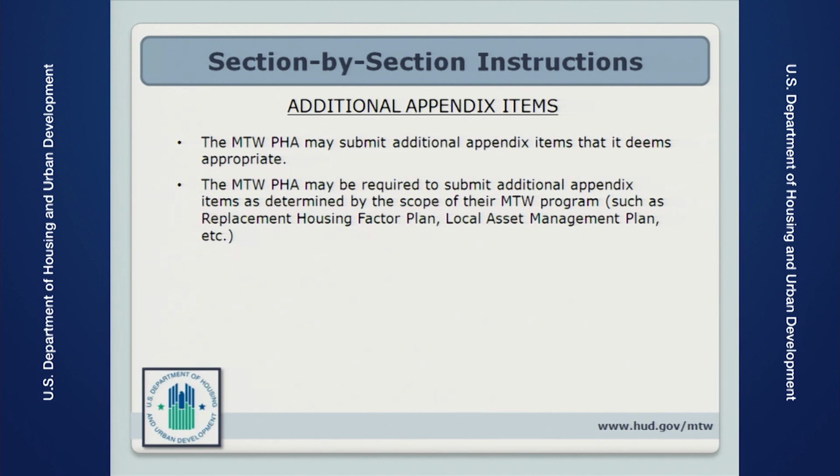For instance, if an agency has the replacement housing factor flexibility in their agreement and they're exercising the third option in that amendment, they need to provide an RHF plan as an appendix every year in their plan. Similarly, agencies that have a local asset management plan must continue to provide that plan as an appendix every year.